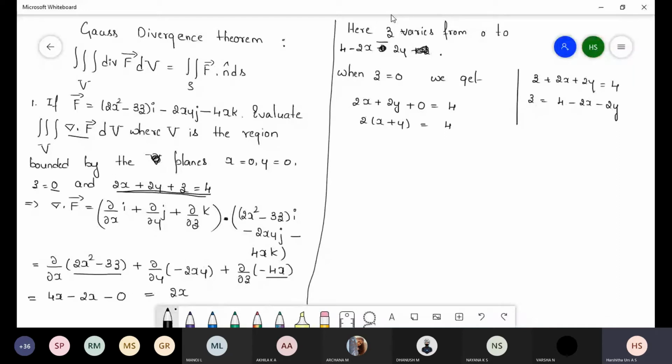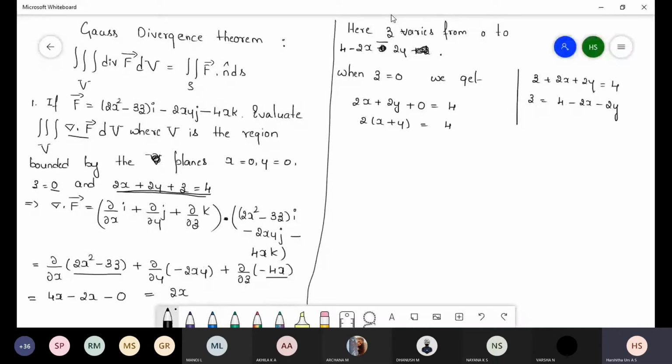Now y varies from, they have already given one limit of y, that is 0 to, here shift this x to the right side, so we get 2 minus x. Y varies from 0 to 2 minus x.